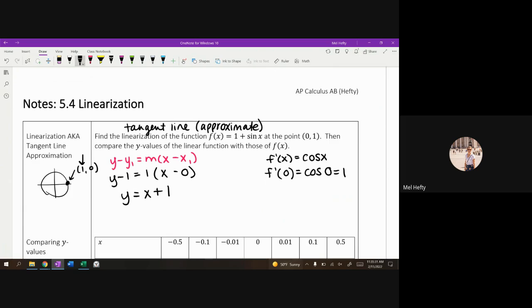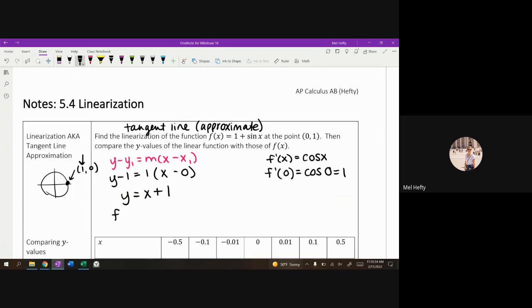What I would like to argue is that it's much easier to plug an x into this equation than it is to plug into this equation. I'd much rather plug in an x and just add 1 to it than try to take the sine of that function and then add 1 to it. I don't really know how to do sine of anything but the stuff on the unit circle.